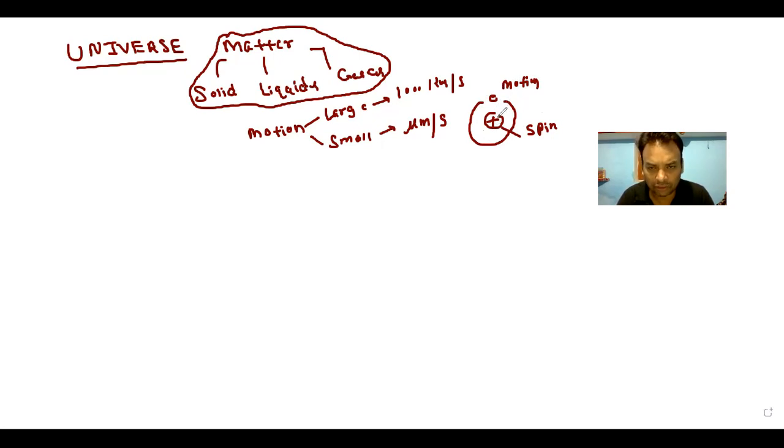So if the smallest entity of the universe is in motion and everything is made up of these small entities, we will say that our universe is a dynamical universe, or a dynamical system.